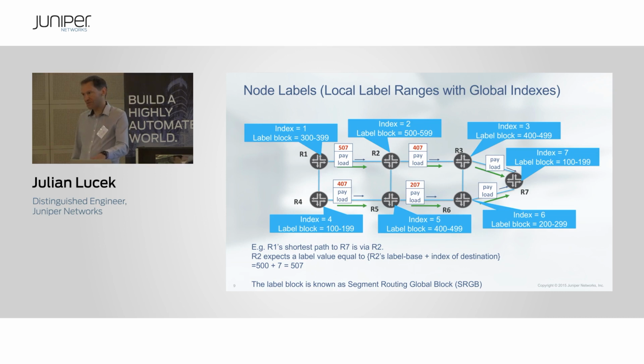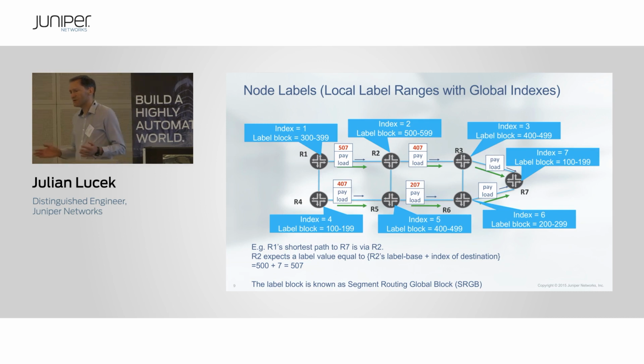So it changes the label to 407, pushes it towards R3. R3 recognises that label as being associated with shortest path forwarding towards R7, pops the label, runs penultimate hop popping, so it just sends the bare packet towards R7. And so in that way, we've achieved shortest path forwarding using MPLS labels to a destination in the network.